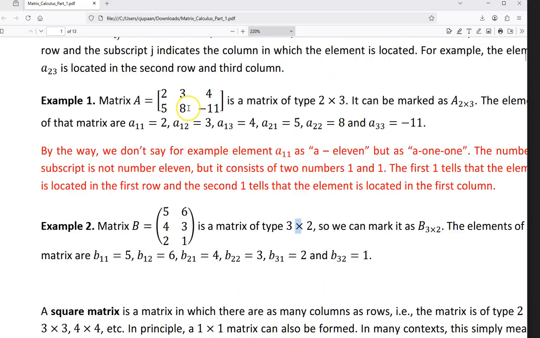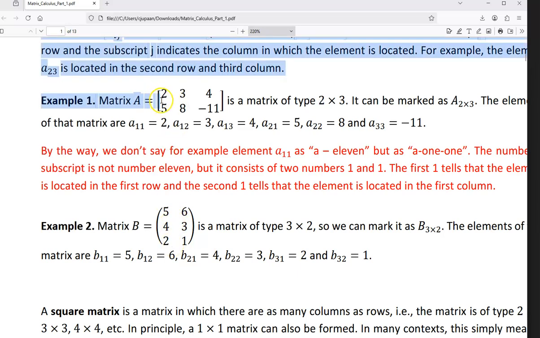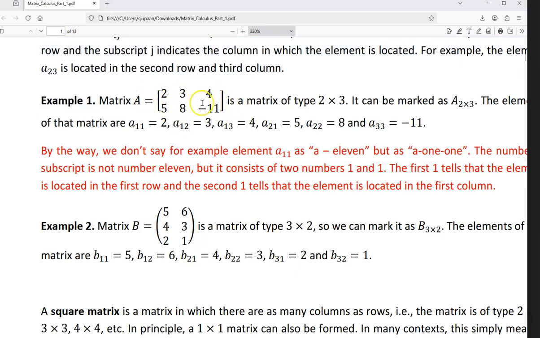So in this case there are the same numbers here, 2 by 3 and here 3 by 2, but they are different kinds of matrices. As you see, I have used square brackets in the first example, and in the second example rounded parentheses, but you may choose which way you like to notate the matrix.